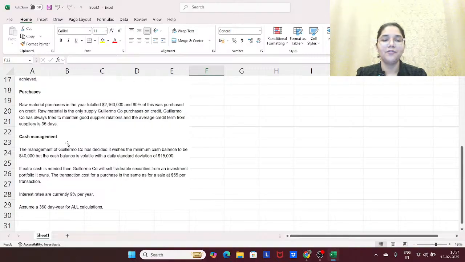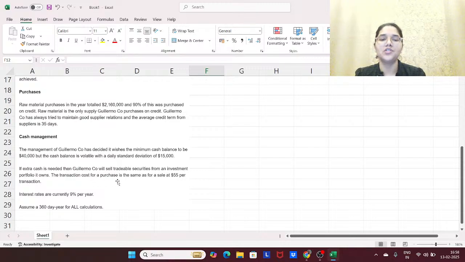Now you have some information relating to cash management also. The management of G company has decided that it wishes the minimum cash balance to be $40,000, but the cash balance is volatile with a standard deviation of $15,000. Then, if extra cash is needed, G company will sell tradable securities from an investment portfolio that they own.